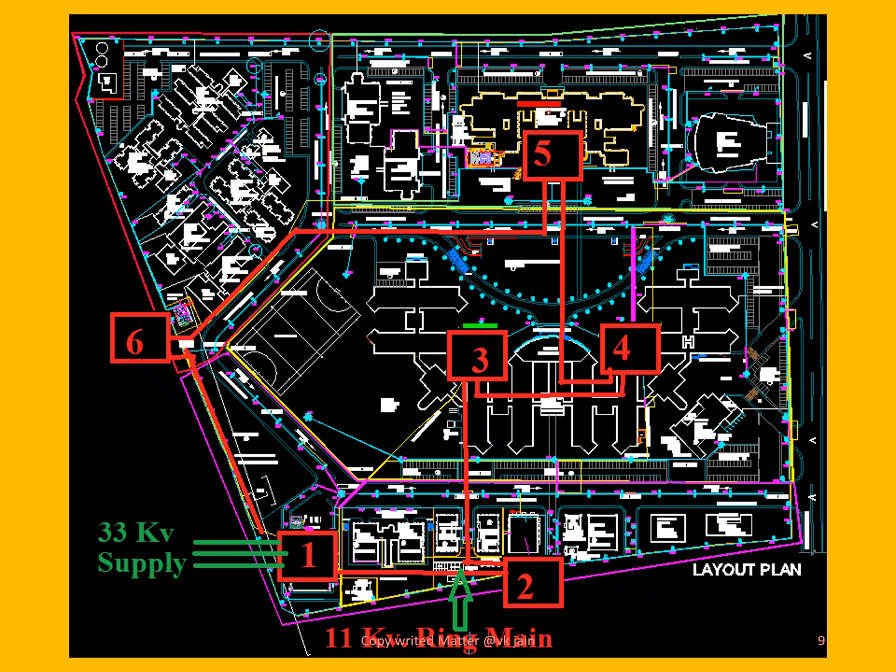The concept is that if you distribute all the buildings through LT cables, low voltage, medium voltage cables, that means the cable running on a 433 volt system, and if your campus is more than a kilometer or even lesser than that, the distribution losses are too much.